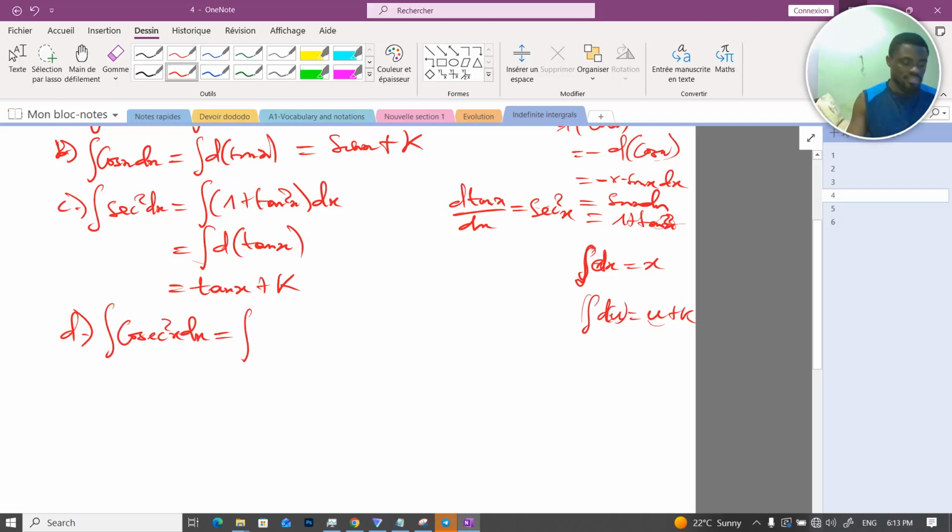Cosec square x is the same thing as 1 plus cot square x. So the integral of 1 plus cot square x dx.